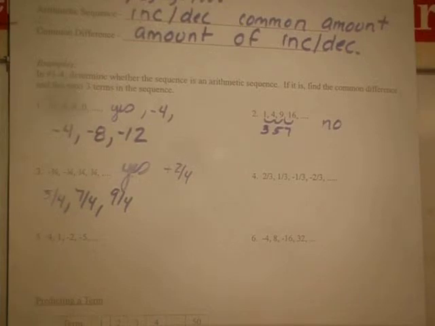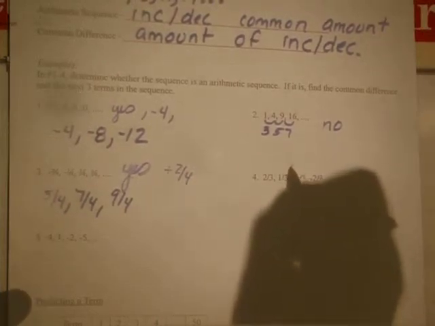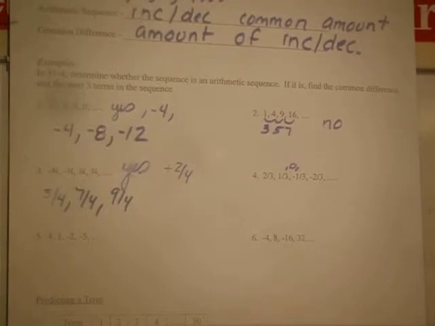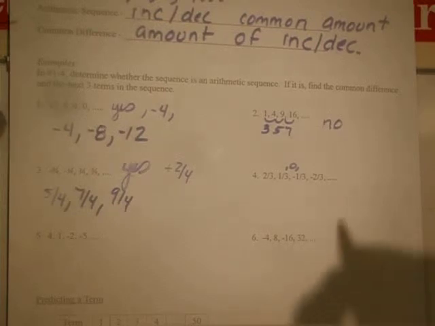Number 4 has a typo in it. We should have the number 0 between the negative 1/3 and 1/3. That's a typo. When you look at this one, 2/3 to 1/3 to 0 to negative 1/3 to negative 2/3, this is an arithmetic sequence.